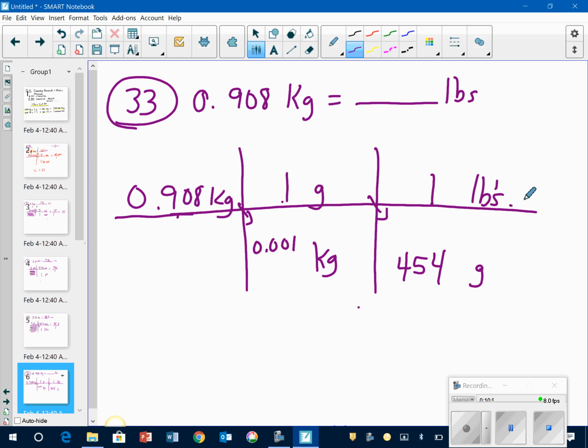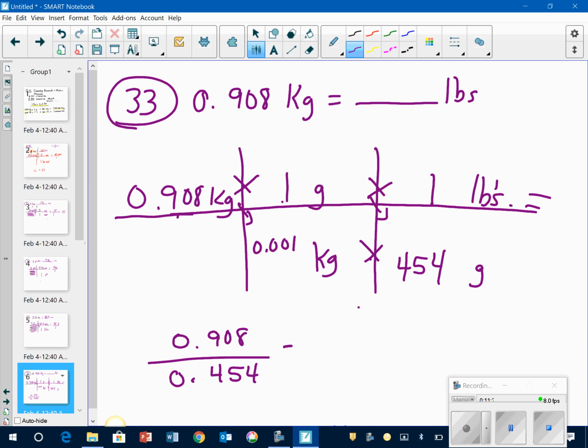Then all you do is multiply across. 0.908 times 1 times 1 is going to be 0.908. Then you take 0.001 and multiply it by 454, and you get 0.454.